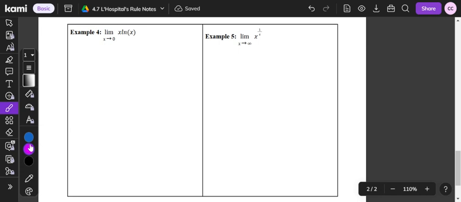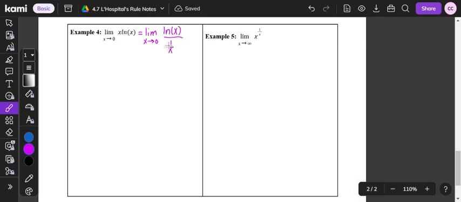It's very true. However, I can rewrite this. I can rewrite this as the limit as x approaches 0 of the natural log of x divided by 1 over x. So this might seem weird, but remember, when you divide by a fraction, it's the same as multiplying by the inverse or the reciprocal of that fraction.